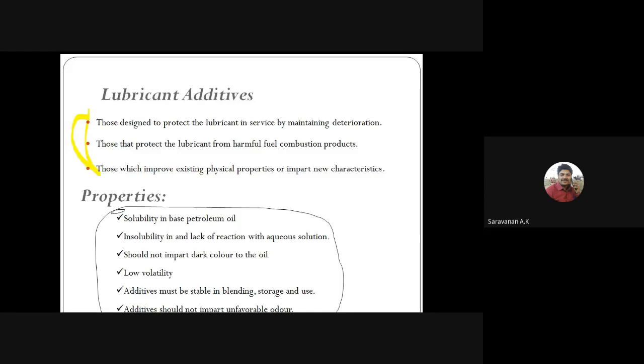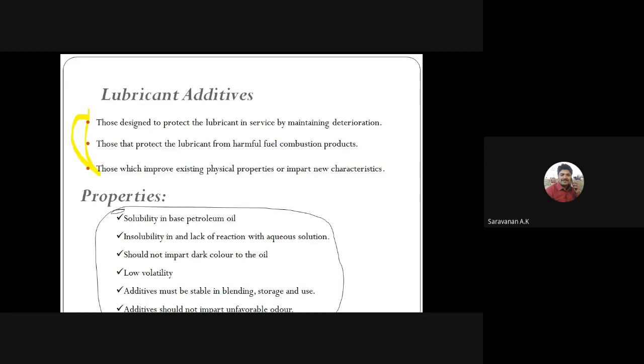The antioxidant increases the oil and the component life, and it prevents the oxidation and corrosion. It will protect against the chemical attack of alloys, bearings, and the metal surfaces.